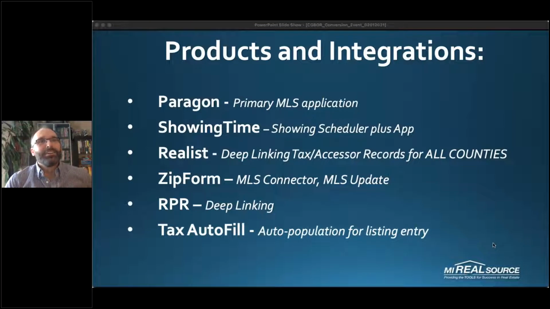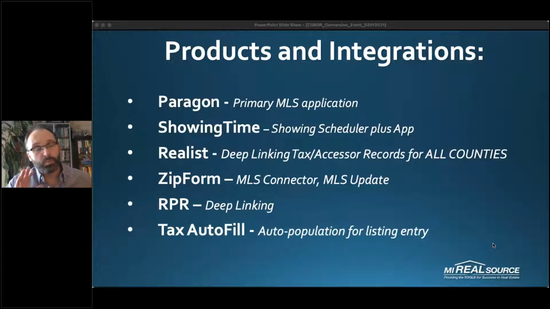In addition to Paragon and ShowingTime, there's Realist, that is the tax and assessor's records. There's deep linking to those, as well as any property lookup for the entire state of Michigan.